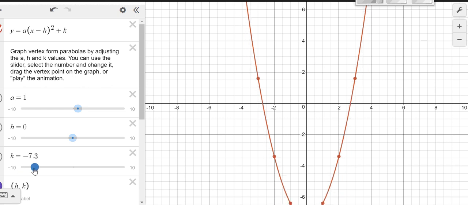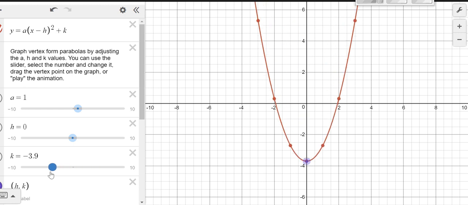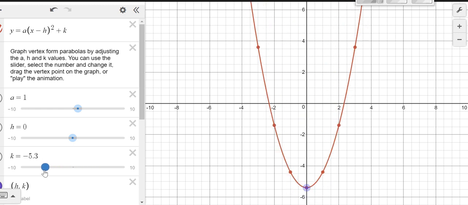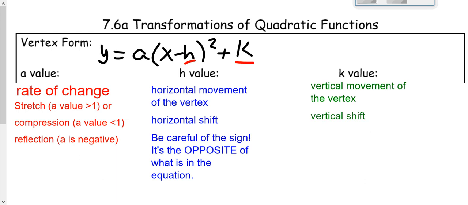As you can see, as I move my slider up, or my number becomes more positive, it's going to shift up. And as my number is more negative, it's going to shift down. So this is called a vertical shift. And so very similar to the H value, it is just going to move vertically instead. So this is going to be your vertical movement of the vertex, or we could call it a vertical shift.